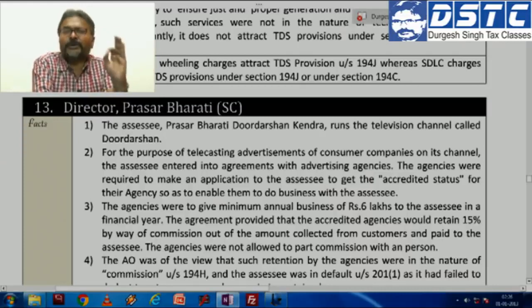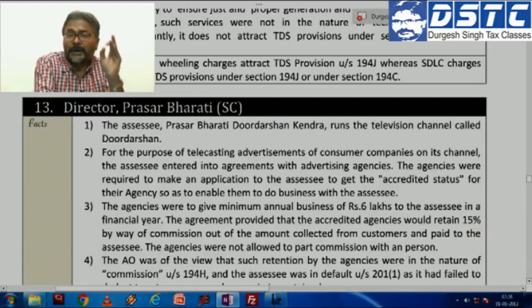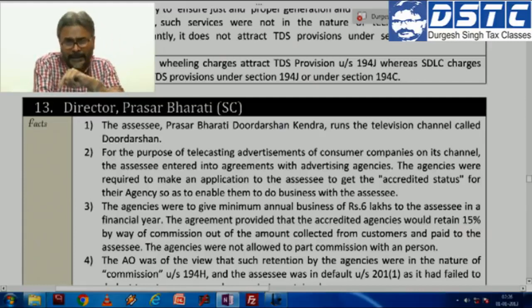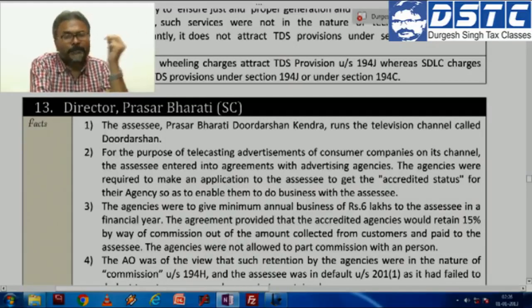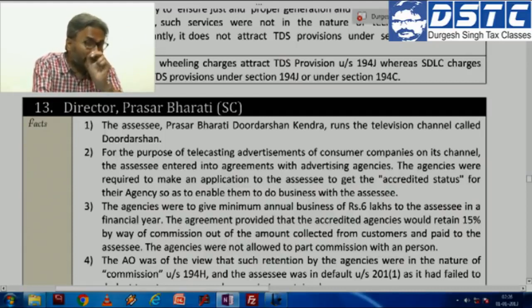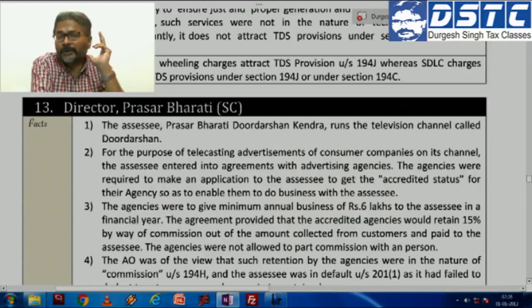In the terms of the contract between Doordarshan and the agency, they have referred to the cut which the agency will retain for each advertisement obtained for Doordarshan as a commission.